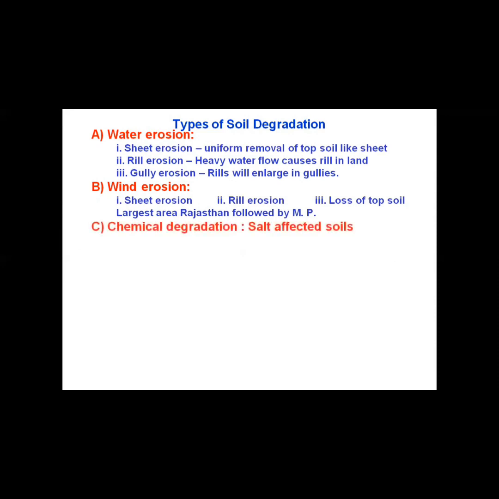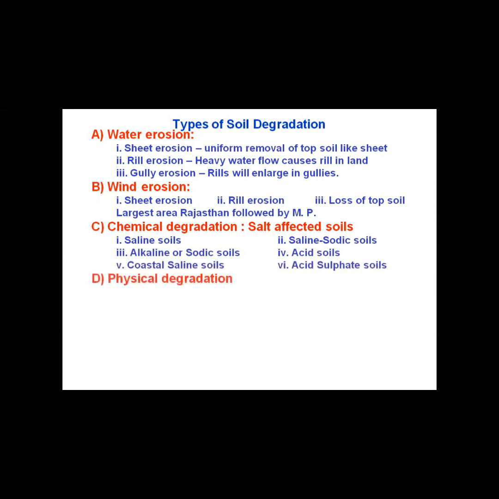The third type of soil degradation is chemical degradation, also known as salt affected soils. There may be saline soils, saline sodic soils, alkaline or sodic soils, acid soils, coastal saline soils, acid sulfate soils. These salt affected soils we will see in detail in this course.